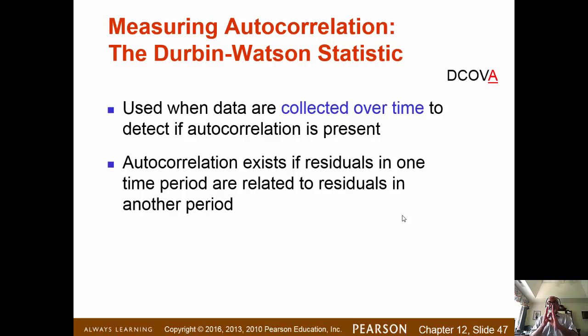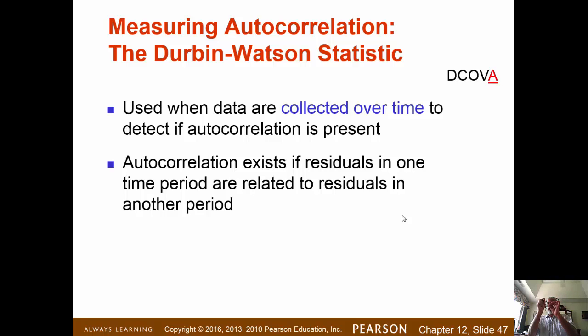So what we can do is take the residuals as one column, and then copy the residuals as a second column, but now time-phase it by one period. So now you're pairing the residual in one period with the residual from the immediately previous period.